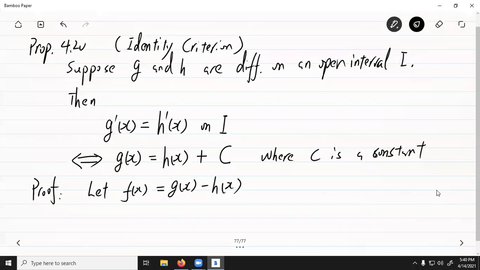So the lemma says f of x equals a constant C if and only if the derivative must be 0.